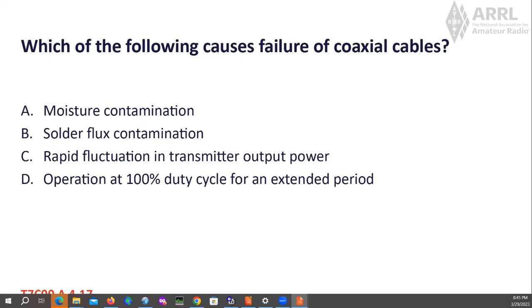Well, according to the screen I'm looking at, which is the one that you're sending us, the answer is A. Okay, maybe I'm seeing something. Moisture contamination. Okay, I'll buy that. However, you can vouch that you can melt coax at 100% duty cycle. I will correct myself one more time. Which of the following causes failure of coaxial cables? A, moisture contamination.